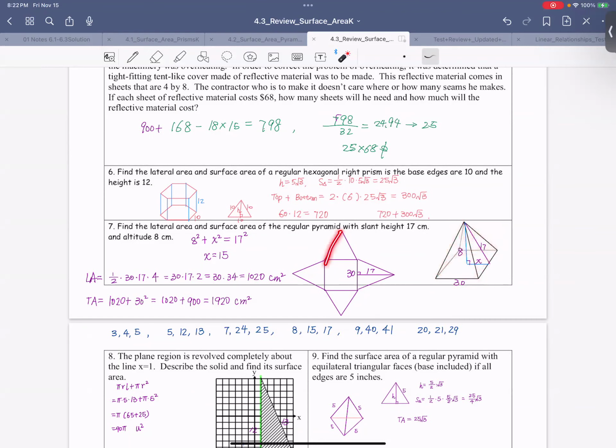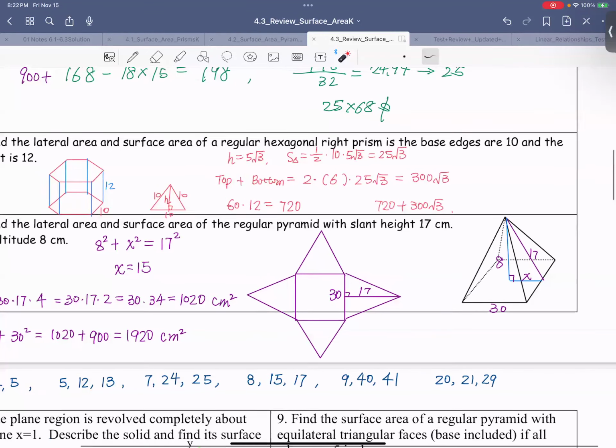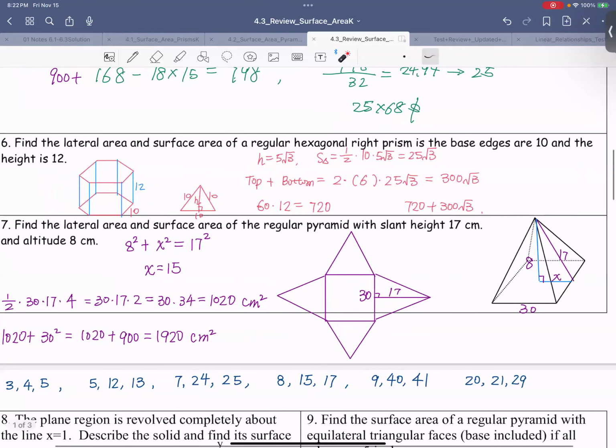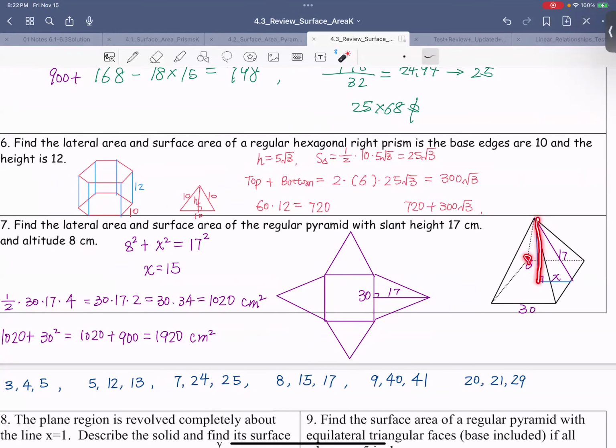If you open it, you have 4 triangles outside. You have a square inside. And you want to calculate this. Go. This is a pyramid. Watch out here. It gave you what? Altitude. Altitude is 8. And this thing here is 17, and this one here is x.